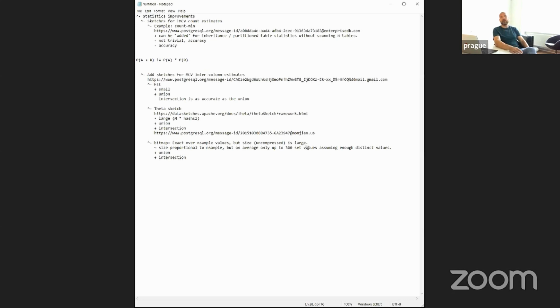I can imagine doing something like we do for expression statistics, where we use the extended statistics interface to also build statistics on expressions. So you could also say, for these columns, also build this extra most common value list with sketches. That would work.